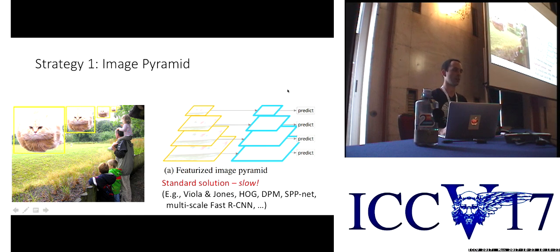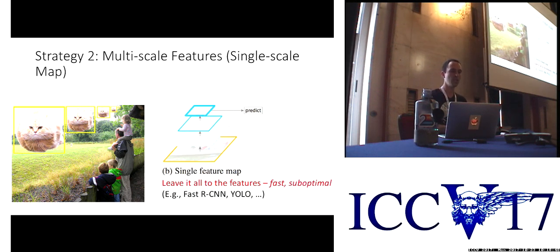Then the system, in this case an object detector, will make predictions from each of those levels of the pyramid. Now, this is a very good solution in the sense that it still tends to lead to the most accurate final system, but it has a disadvantage of being quite slow because there's a lot of computation that has to be performed independently for each of the levels of the image pyramid.